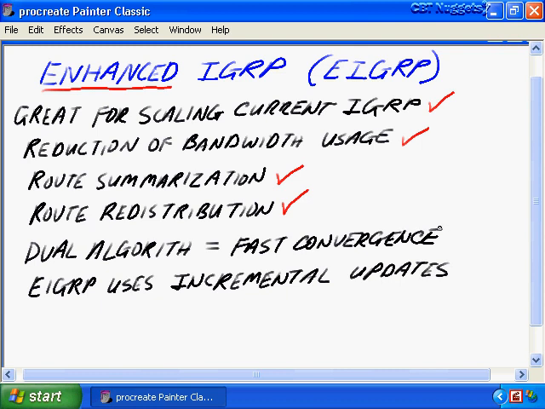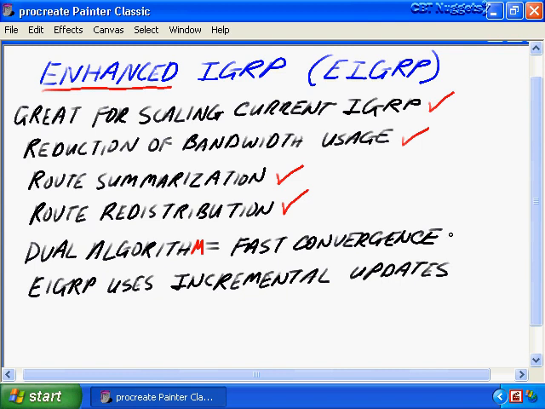Also, it uses an algorithm called DUAL, the diffusing update algorithm, which offers a much faster convergence over the distance vector techniques used by IGRP or RIP version 1 and 2.